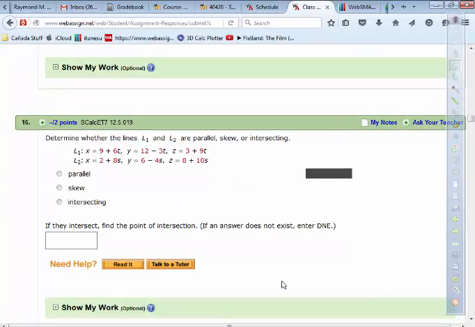Okay, here's one. Oh, there's a type of problem that I skipped. We need to go back and do that. But here's one where you determine if 2 lines are parallel, skew, or if they intersect.